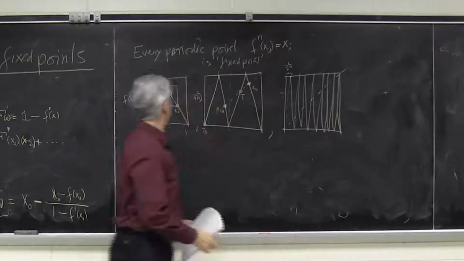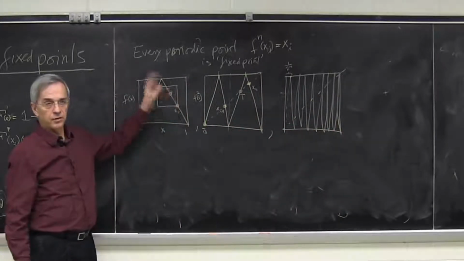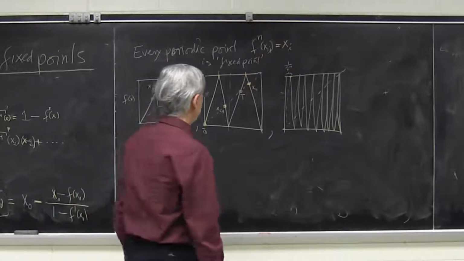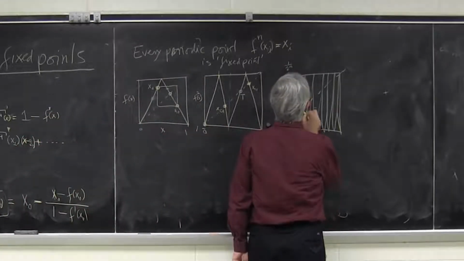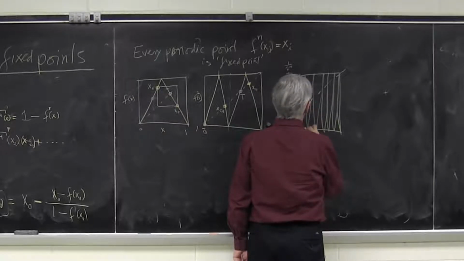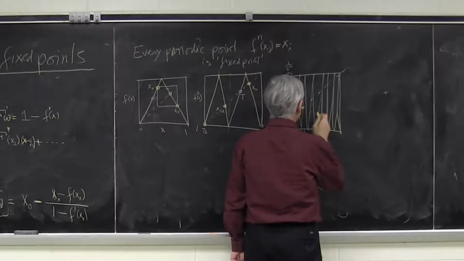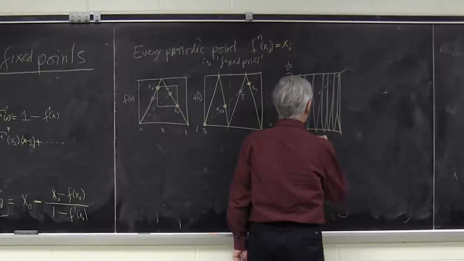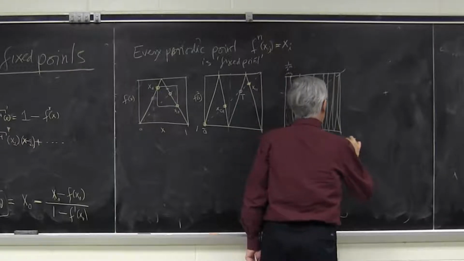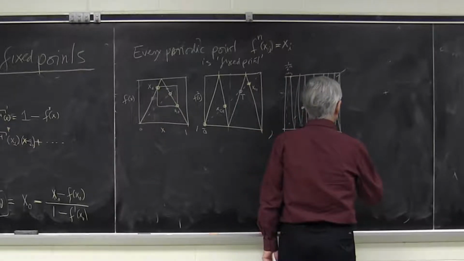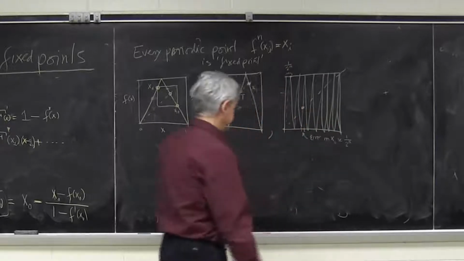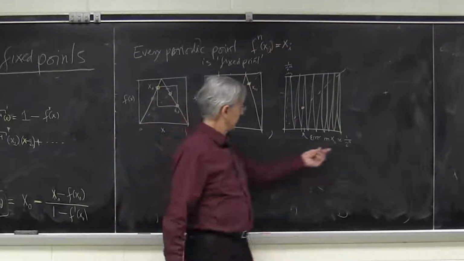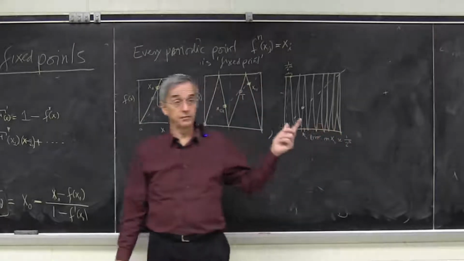I've chosen this map because I know it has all periodic orbits, so I don't have to worry about pruning, etc. Now, if you're doing a Newton calculation, you're supposed to be accurate just for the silly map. With the initial point, the error in your initial guess in x0 should be roughly 1 over 2 to the n. So the longer they get, the more exponentially precise you have to be.